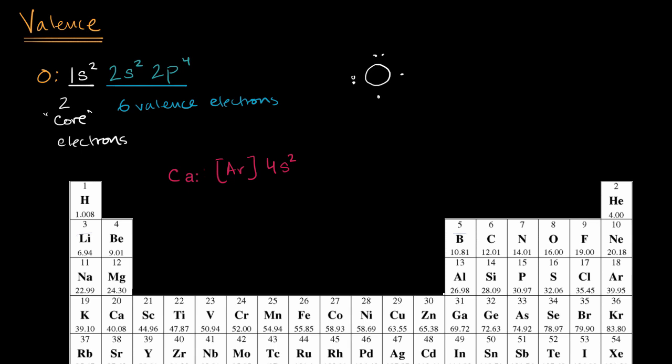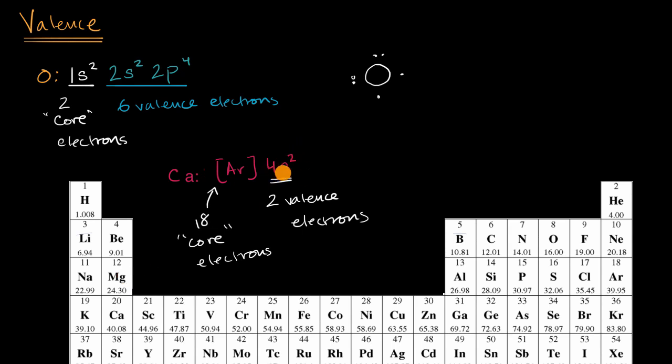So how many valence electrons does calcium have? Well, you can see it right over there. It has 2 valence electrons. What about its core electrons? Well, a neutral calcium atom would have 20 electrons because it has 20 protons. So it would have 18 core electrons that are less likely to react.